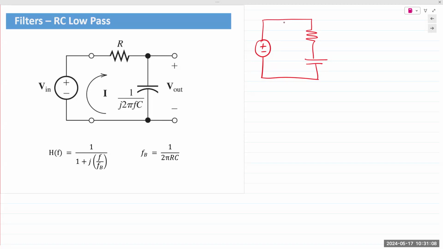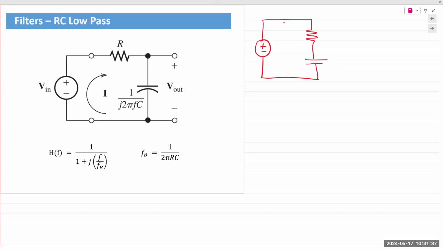Again, going back to chapter 1, just because there is an open terminal connected, or you see a connection at that junction, does not mean that they are not in series. There is no component. Those terminals that you see simply indicate you're taking the output across the capacitor. But fundamentally, the resistor and capacitor are in series and they're connected to a single voltage source, Vin.